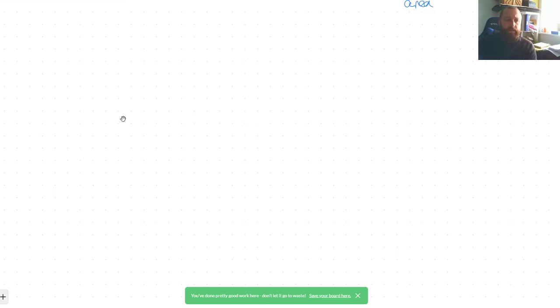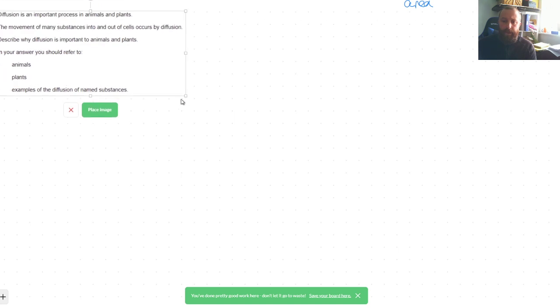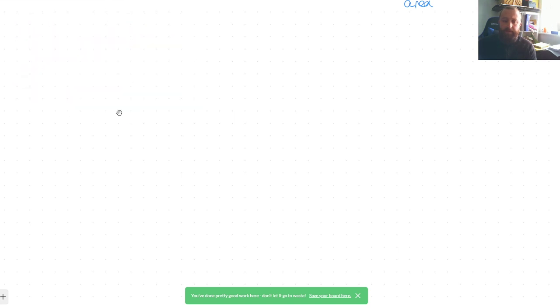Okay, transporting cells then. So let me just have a quick look on that one. Yeah, so one of the exam questions that came up, I can't remember which year, it wasn't that long ago, was either done really, really well or pretty much not at all by students, was this one. Let's make it a little bit bigger, that's too blurred.